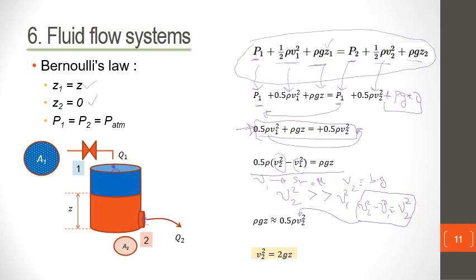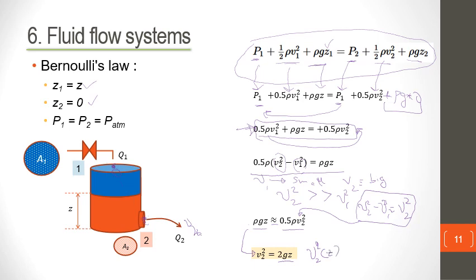Now this means, therefore, that rho GZ is approximately equal to 0.5 rho V2 squared. Now we can rearrange this equation so that we are left with V2 on one side. So V2, which is the outflow speed here at point number 2, is going to be equal to the square root of 2 times G times Z. So in fact, our hunch that the output velocity is a function of Z is correct.